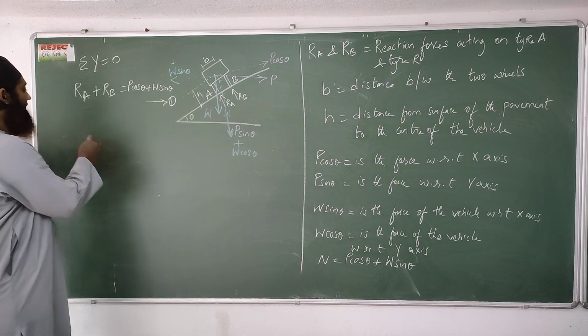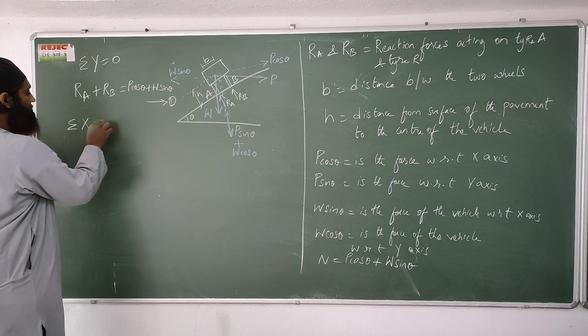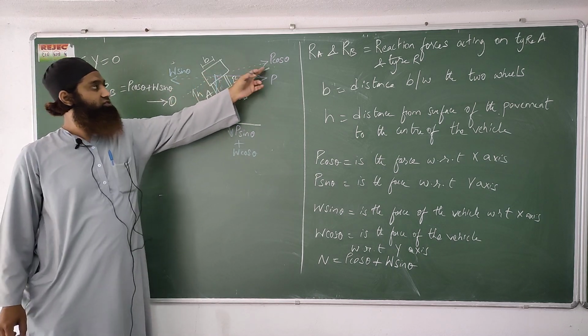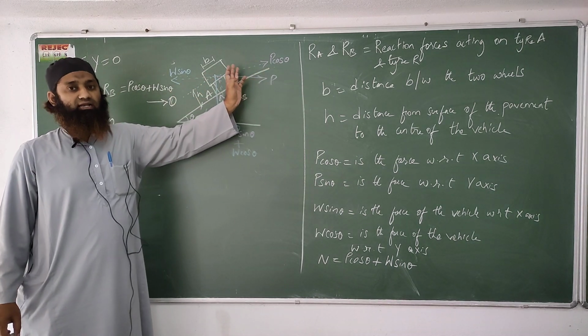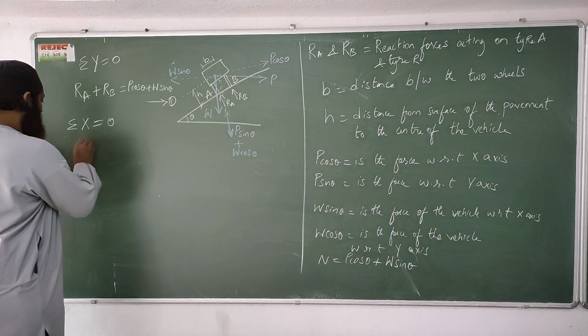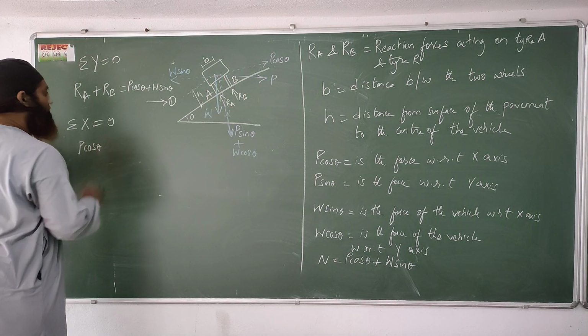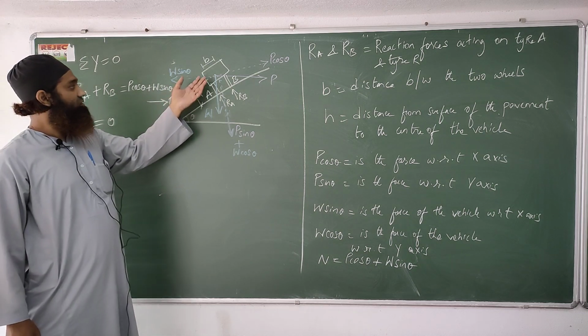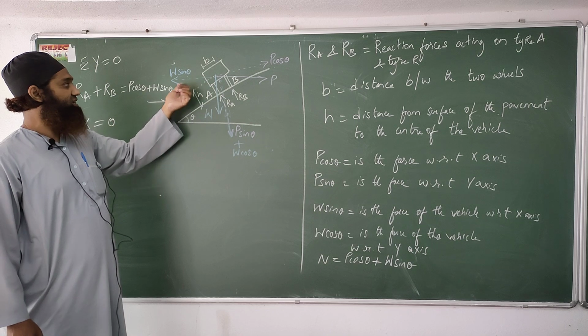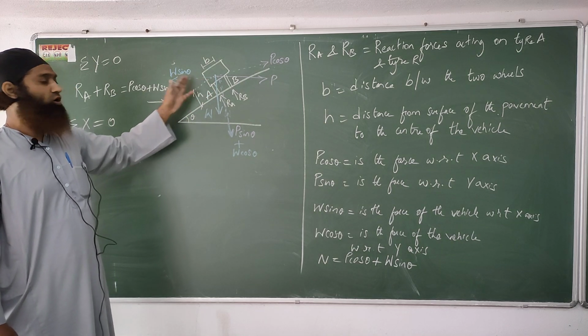Let us see now sigma x is equal to 0. What are the forces acting in the x direction? You can see here we have two forces. P cos theta is the force acting in the x direction, in the positive direction. What is the other force that is acting? In the x direction, we have W sin theta, which is acting in the opposite direction.